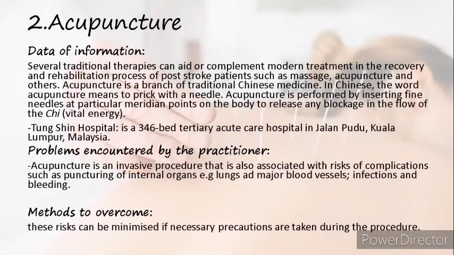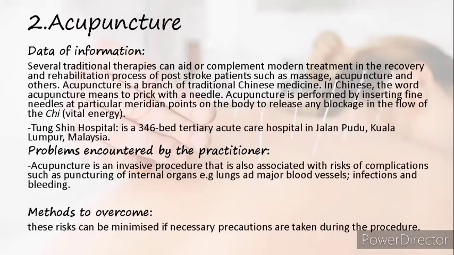The next traditional method is acupuncture. The data of information is several traditional therapies can aid or complement modern treatment in the recovery and rehabilitation process of post-stroke patients, such as massage, acupuncture, and others.